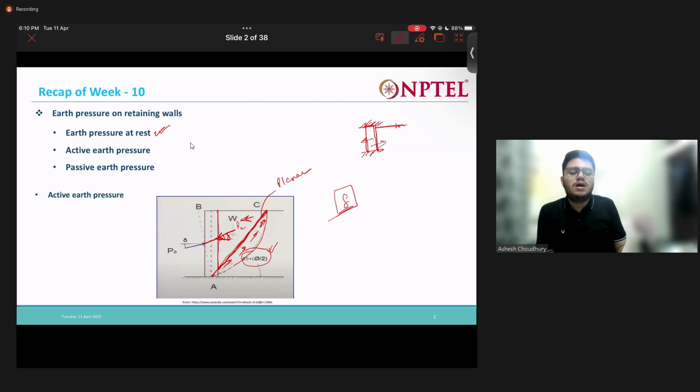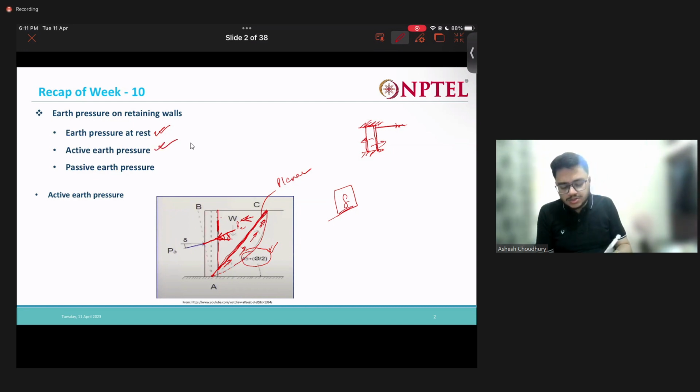Say our wall is rough, so there will be some resistive force developing at the interface of the wall and the soil. Due to that, the earth pressure will act inclined at a certain angle to the horizontal, which is delta, and this delta is equal to the friction angle between the soil and the wall.